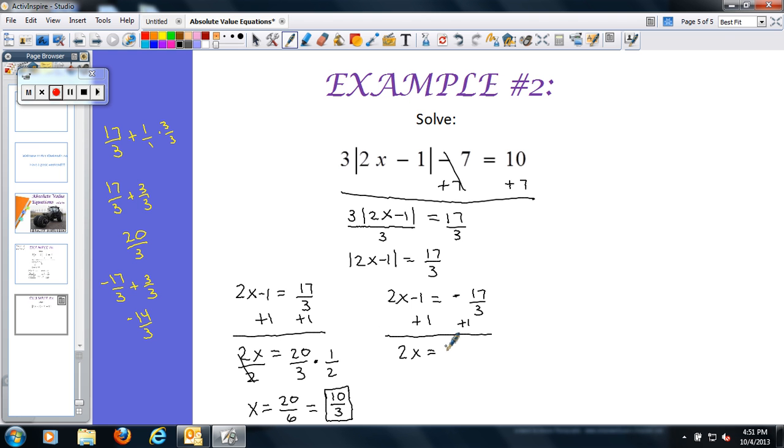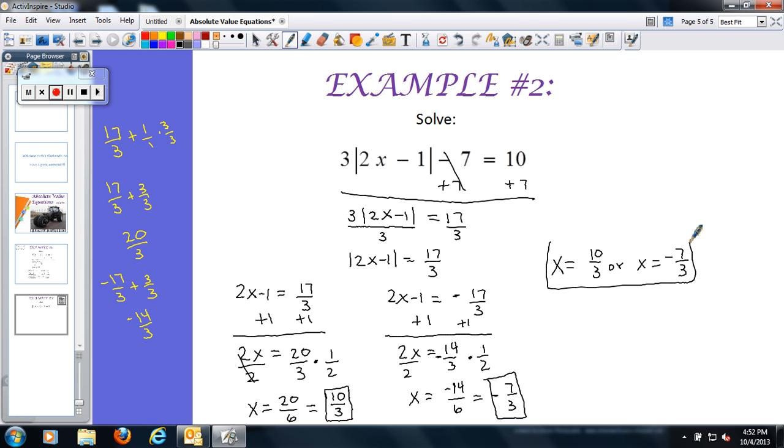Divide by 2, and again instead of dividing by 2 I'm going to multiply by 1/2, and I get x equals negative 14 over 6, which simplifies to negative 7 over 3. And this would be my second answer. So I get x equals 10 over 3, or x equals negative 7 over 3.